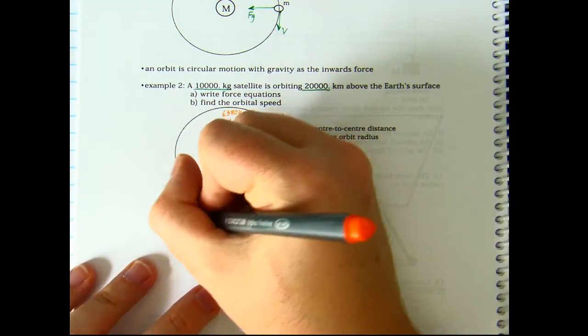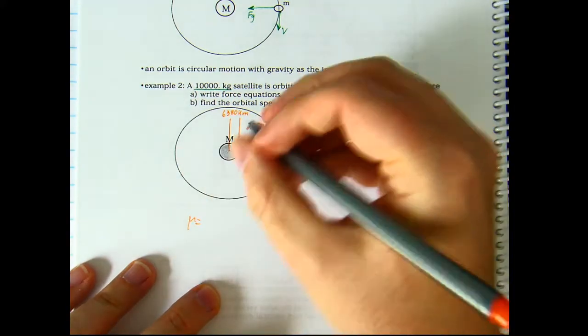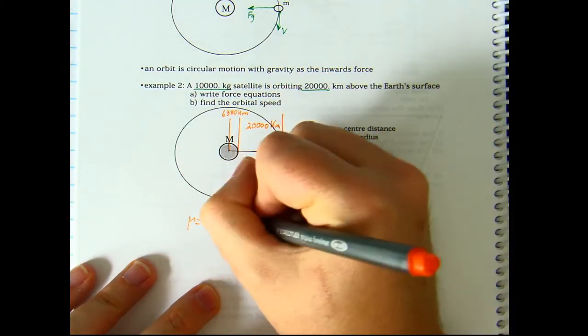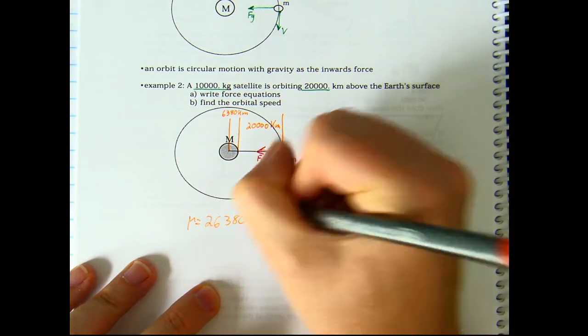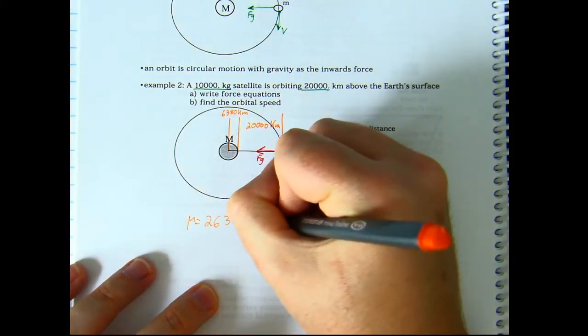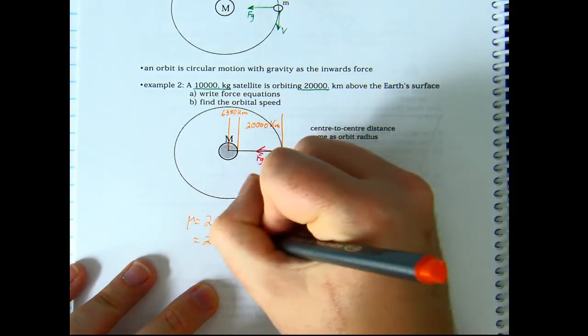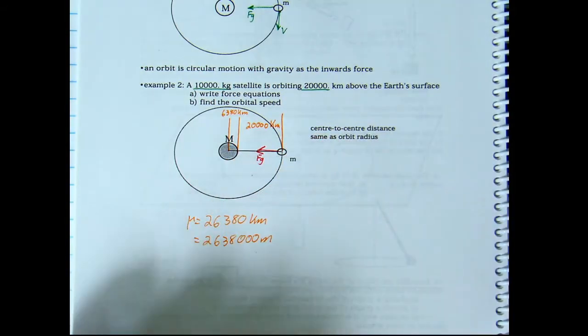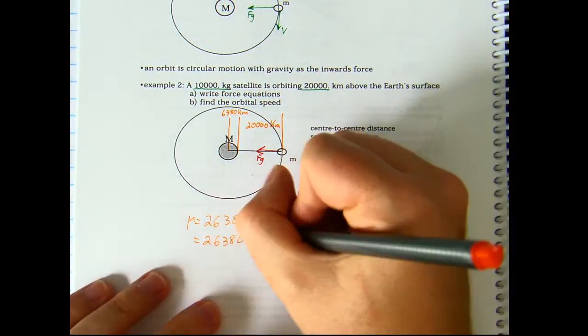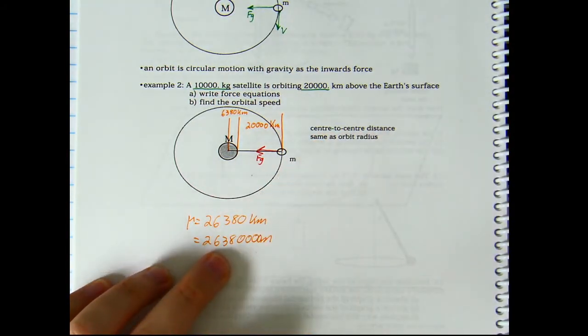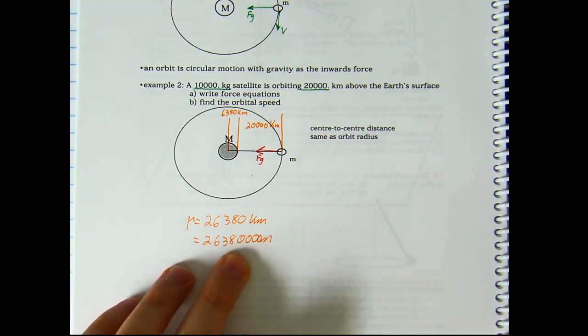So the radius for our calculation here is going to be 26,380 kilometers. We need that in meters, so that's going to be 2,638,000 meters. Did I do that right? Nope, there should be one more zero. 26,380,000 meters. There we go, that makes more sense.